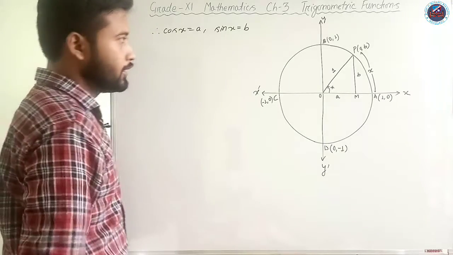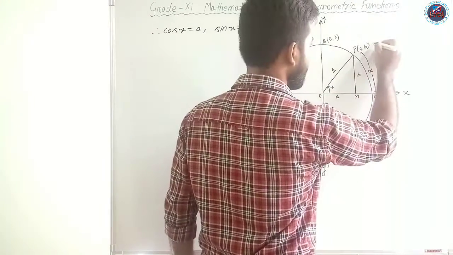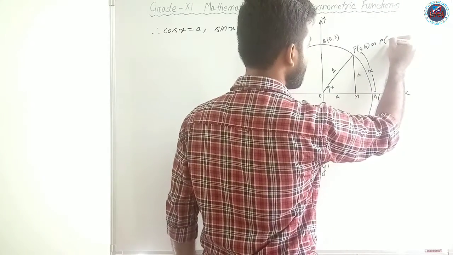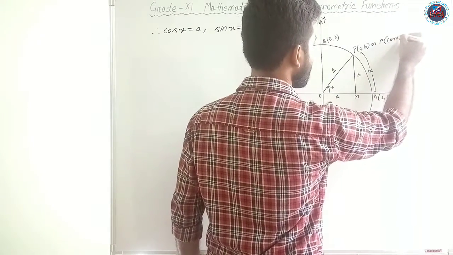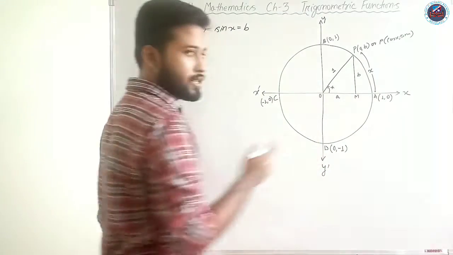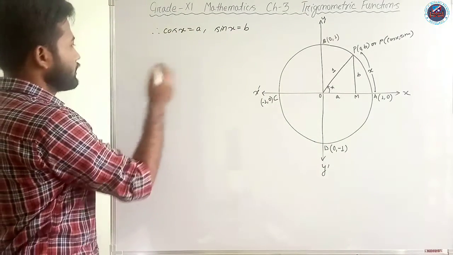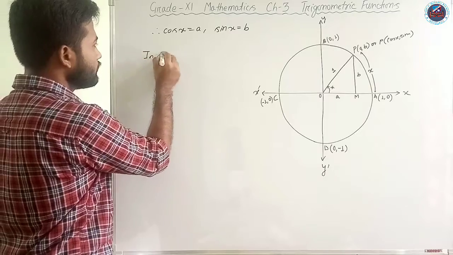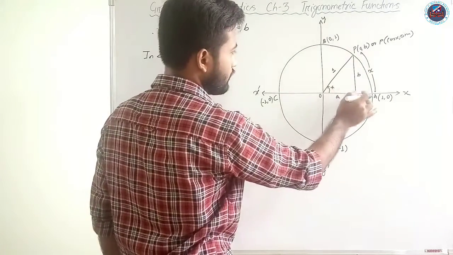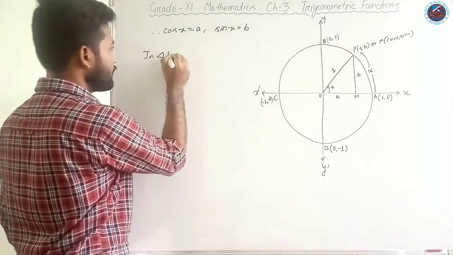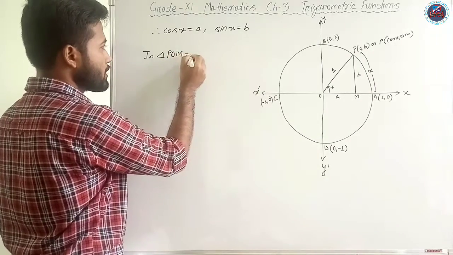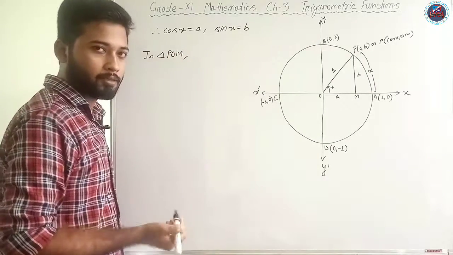Now that means in place of this I can write this, or P of (cos x, sin x), both are the same thing. In this triangle POM, which is a right angle triangle, we can use the Pythagoras theorem.